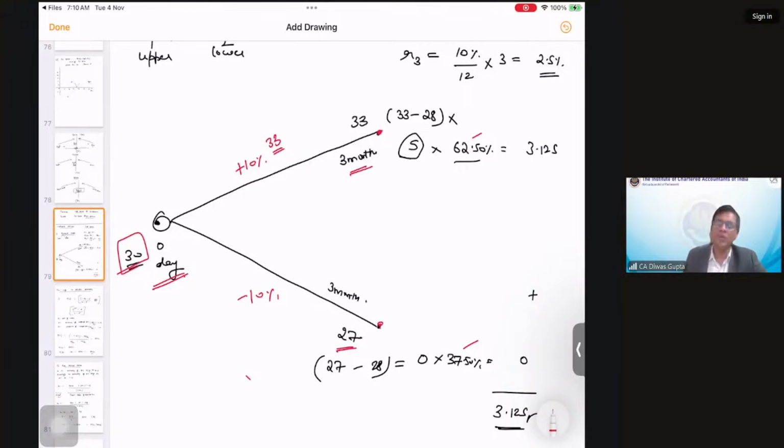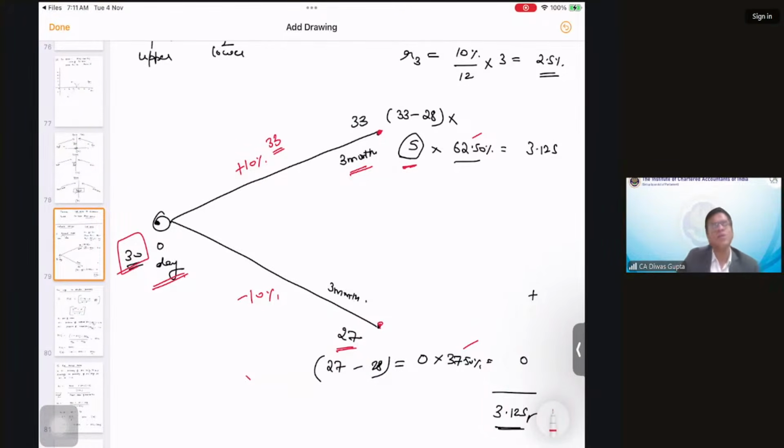Then we will calculate the payoffs at each node. So these two are called the nodes, where the values are defined. Against these nodes, the payoffs will be calculated. How will the payoffs be calculated? If it is a call option and the actual price is higher than the strike price, then there is a payoff.